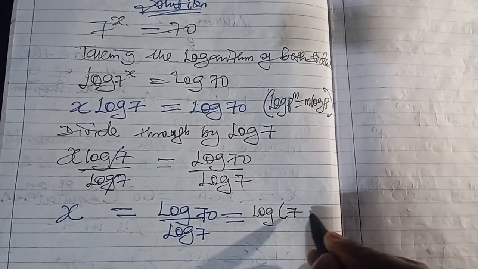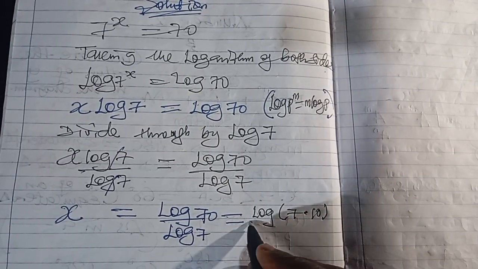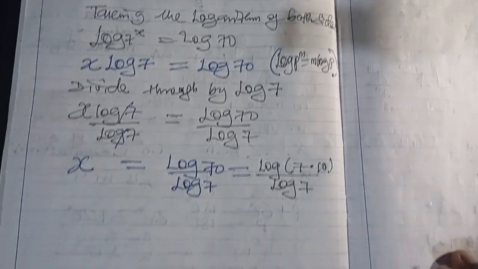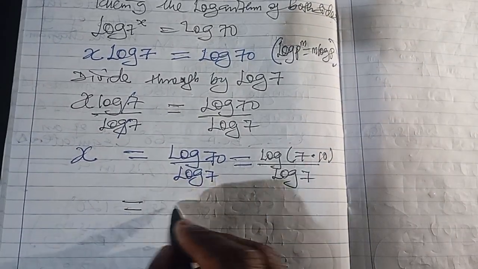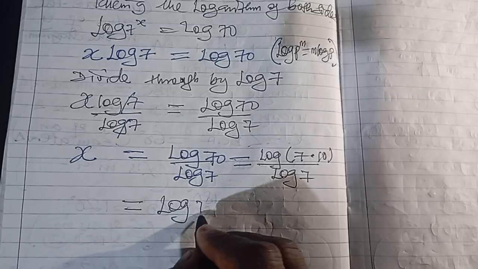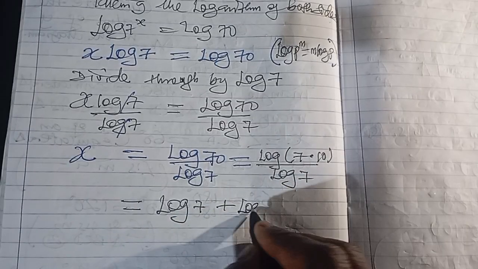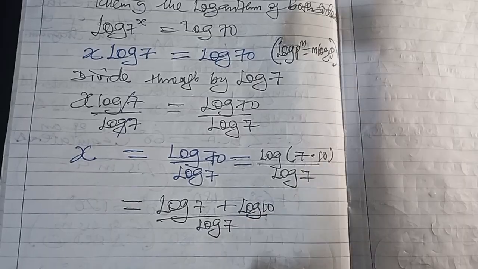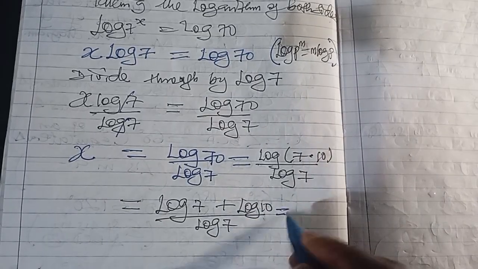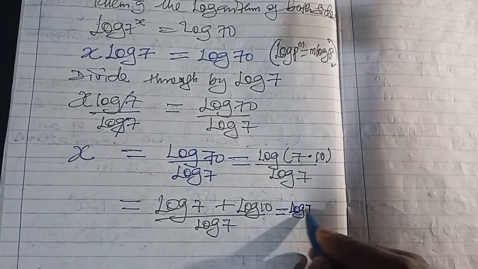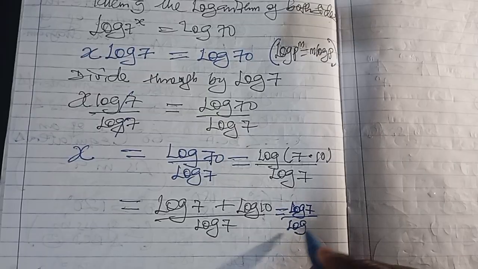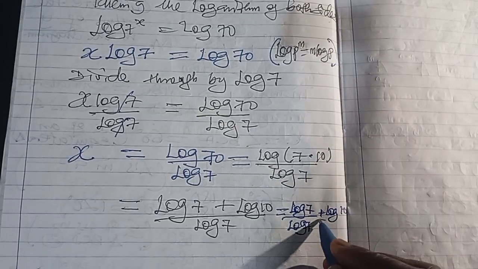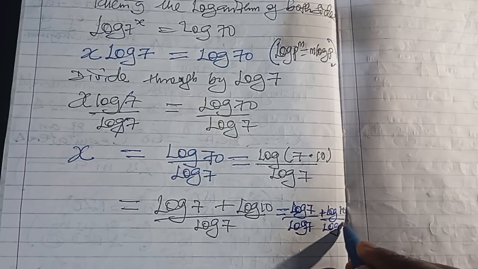We can further express this as log of 7 multiplied by 10, divided by log 7, which is the same as log 7 plus log 10 divided by log 7. And we can further express it as log 7 divided by log 7 plus log 10 over log 7.